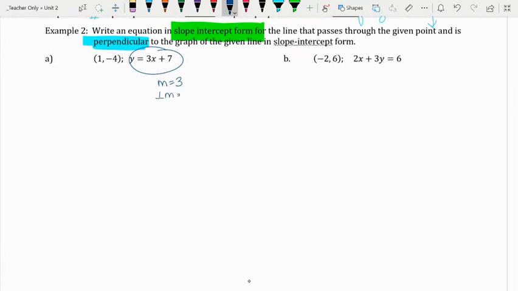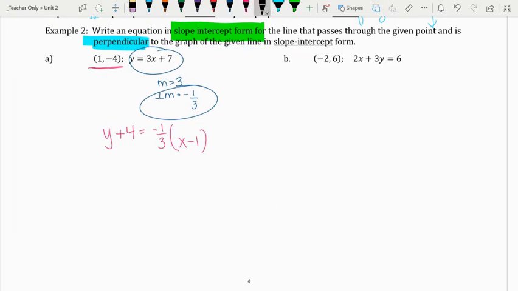So I need to flip it, so it becomes 1/3. And since it's positive, our slope is going to be negative. Now, this is the slope we use with this point. So point slope form, y minus y1 equals -1/3, let's try that again, x minus x1.